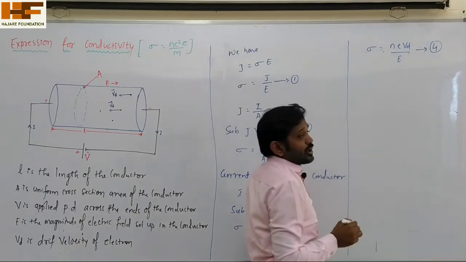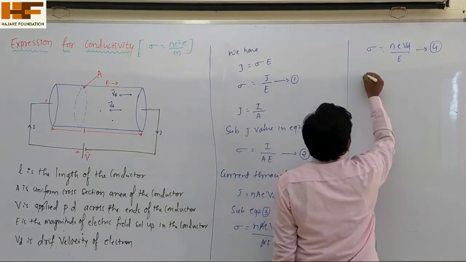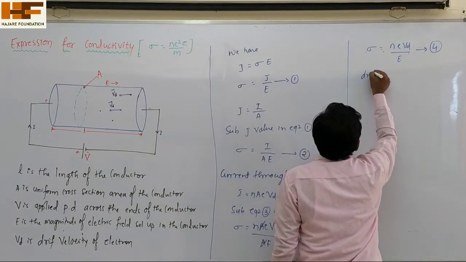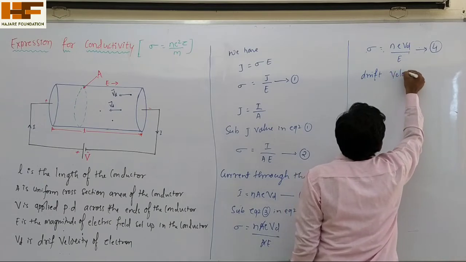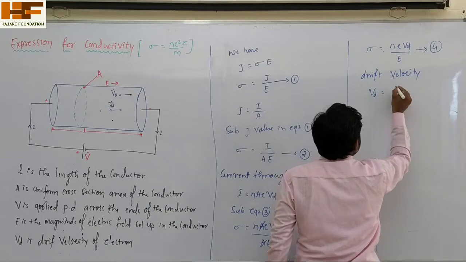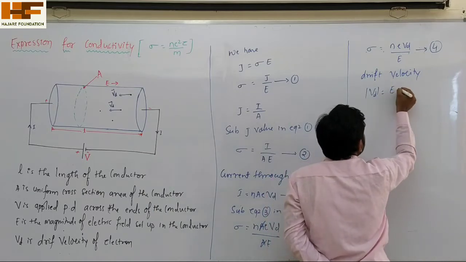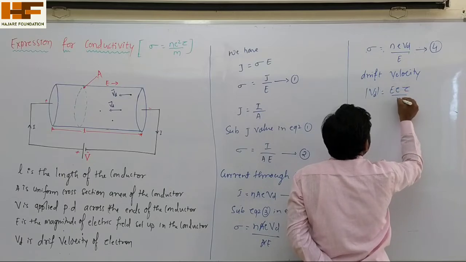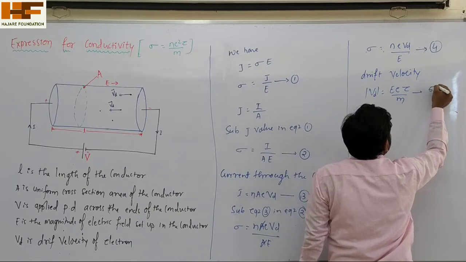Now already we know the expression for drift velocity. What is the expression for drift velocity? Drift velocity, that is Vd, the magnitude of drift velocity, Vd is equal to e E tau upon m. This one is equation number 5.